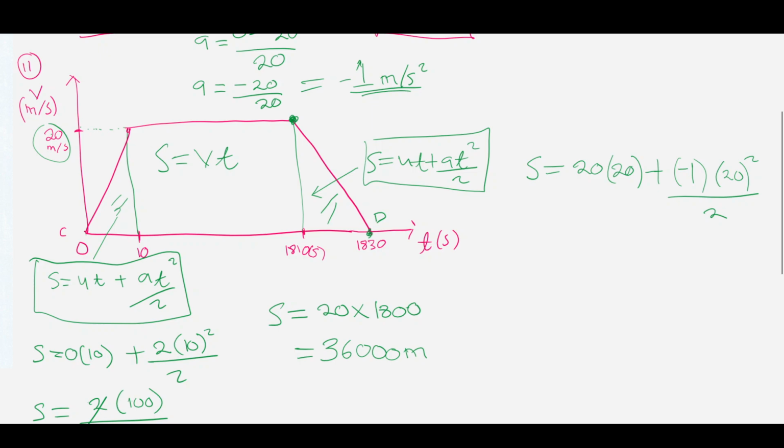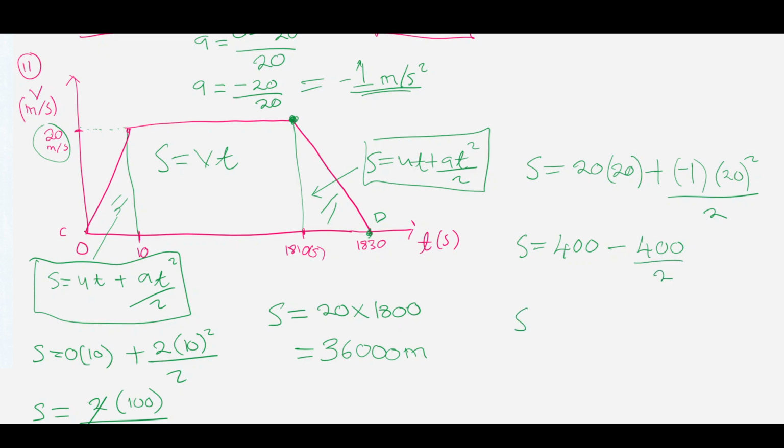So our s will equal 20 by 20 is 400, minus 20 squared is 400, so minus 400 over 2.